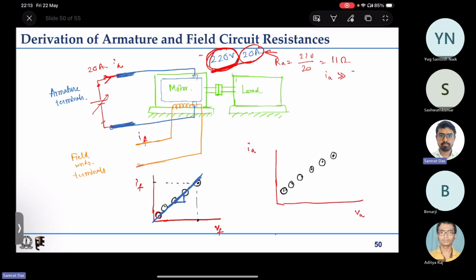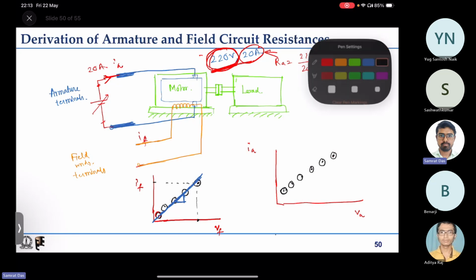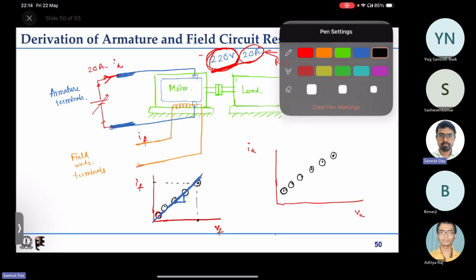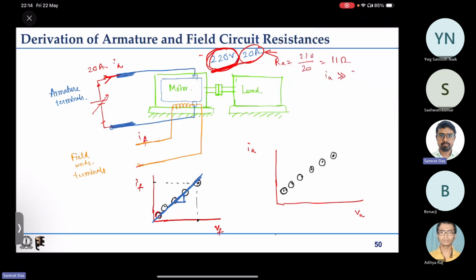Say this is the armature current versus voltage characteristic that I have obtained. Now typically, if you join this curve, you are supposed to get a straight line, so the slope will be constant.